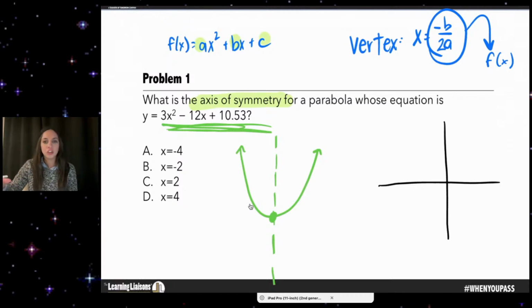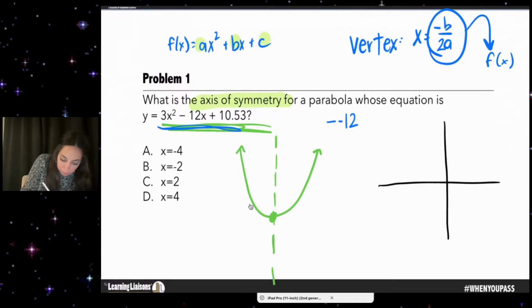So if I take this equation, negative B is negative 12. Don't get confused by the negative B, and then just put negative 12. B is negative 12. So you're doing negative 12 all over 2A, which is 6.